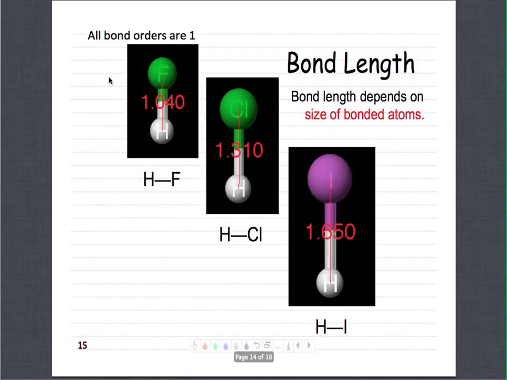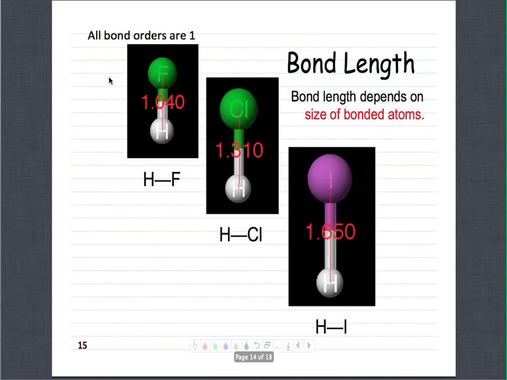So in this case, what's affecting the bond length is the size of the atom. The size of the bonded atom will affect the length of the bond. Iodine is bigger than chlorine, which is bigger than fluorine, because if you remember, as we go down the group, the radius increases.